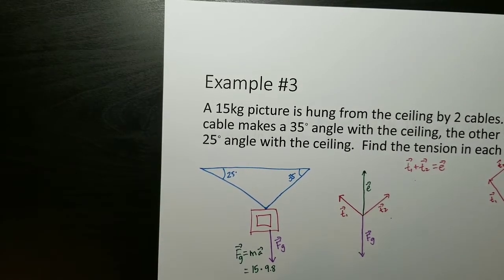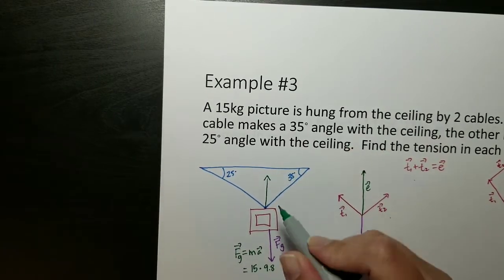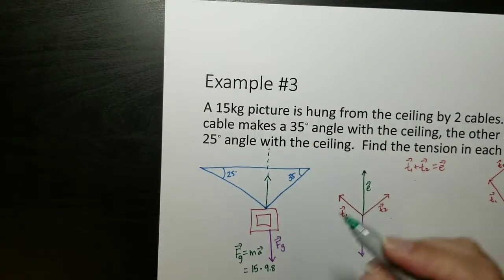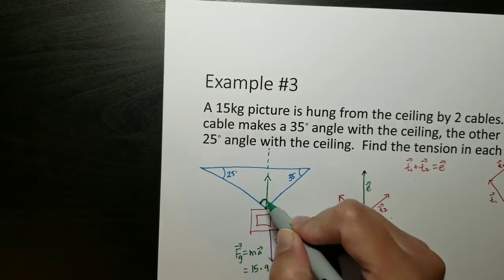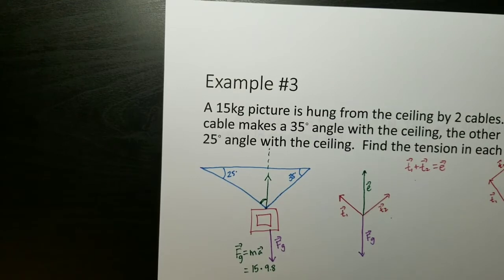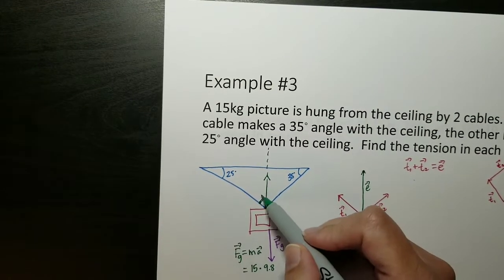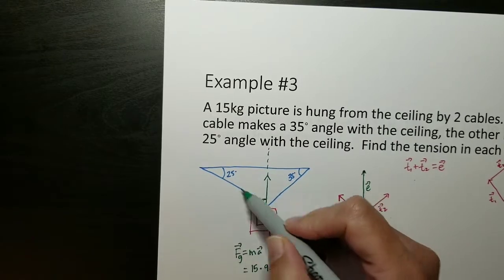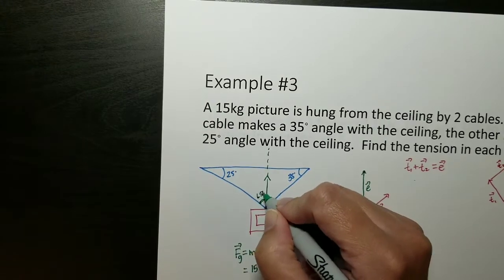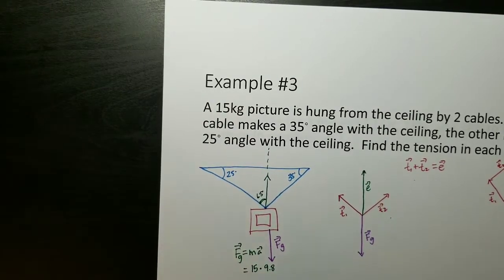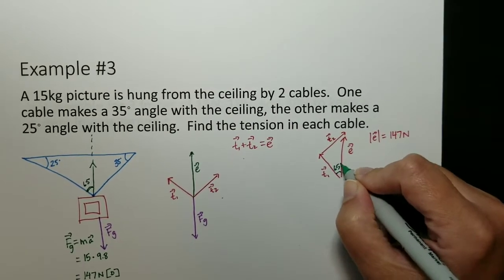If I drew my equilibrium in here, going up, hopefully if we draw that vertical line, you can see that this would have to be a 90-degree triangle, so that down here would be 65 degrees. So I'm going to take that same 65 and label it in there.